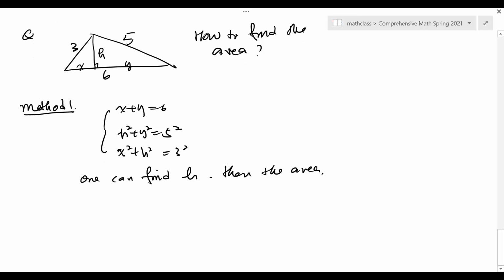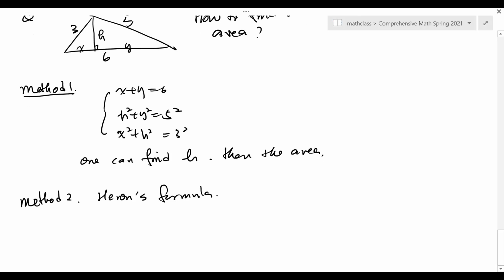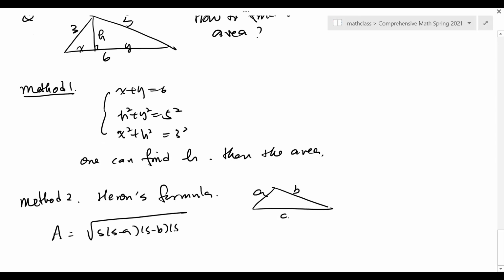All right. So the second method is called Heron's formula. Okay. Heron's formula says that if you have a triangle with sides A, B and C, the area is going to be the square root of S times S minus A, S minus B, S minus C. So S is half of the perimeter.